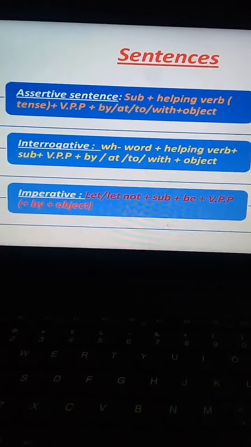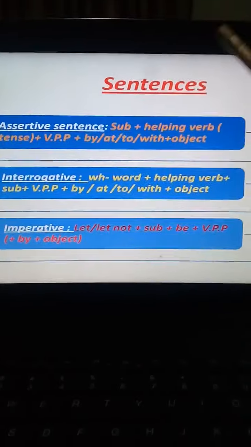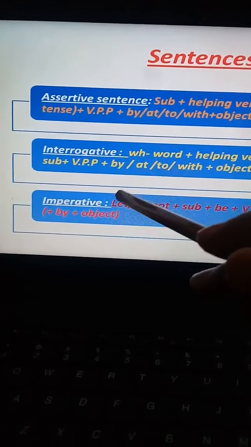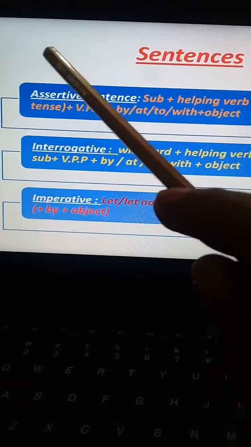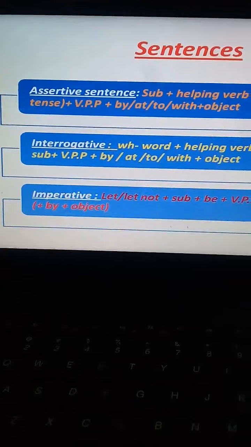My dear students, I have told you that today I will talk about the active form of assertive sentence, or how the active form of assertive sentence can be changed into passive form.